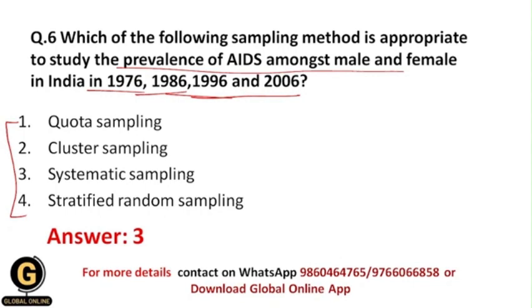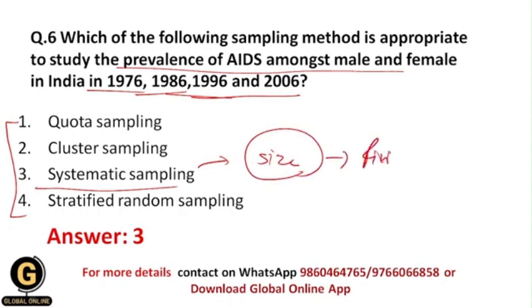Within systematic sampling we know the size of the population, right, which is finite. Now here the researcher wants to understand the prevalence of AIDS amongst male and female candidates in India, and as well it has mentioned some years like 1976, 1986, 1996 and 2006.